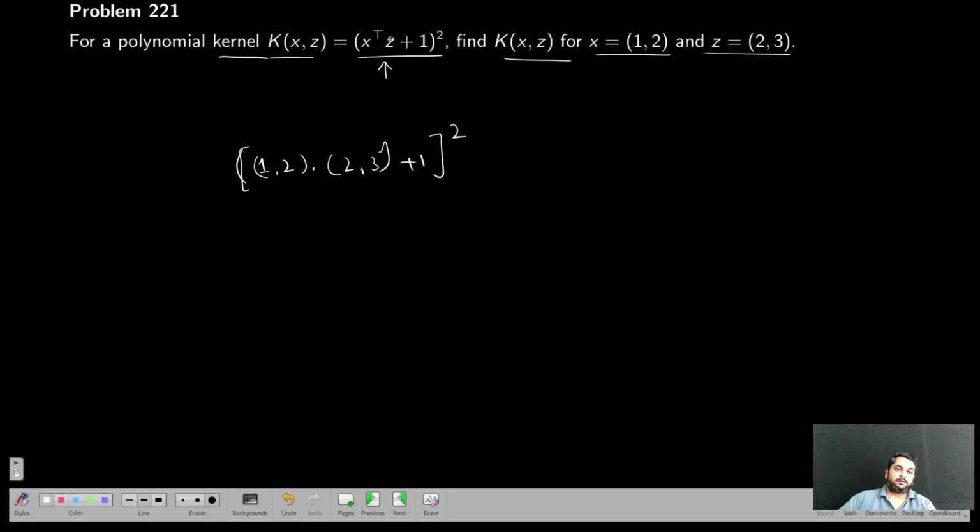I need not expand this like polynomials. I can just use this dot product and get the final value. That is the kernel trick. So 2 plus 6 plus 1 whole square, which is equal to 9 square.